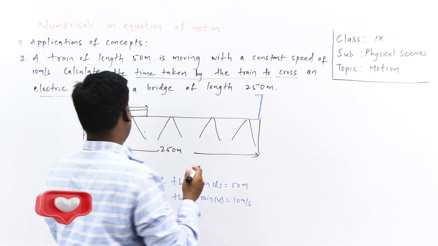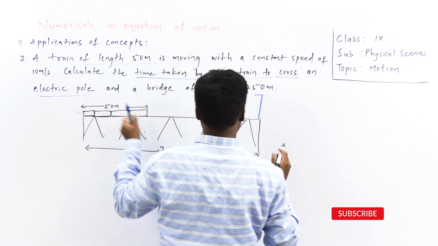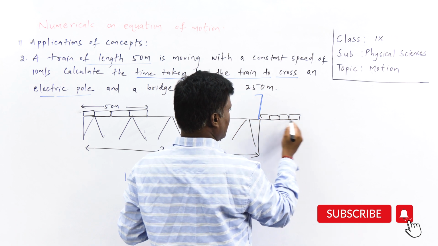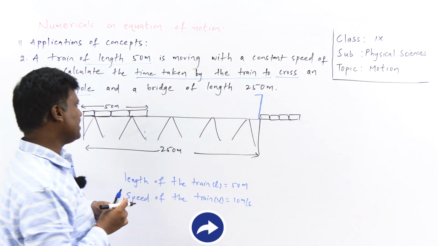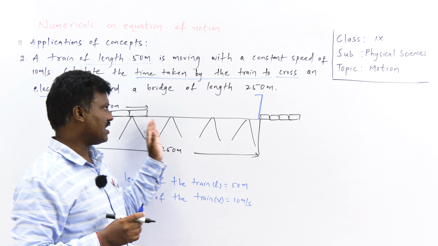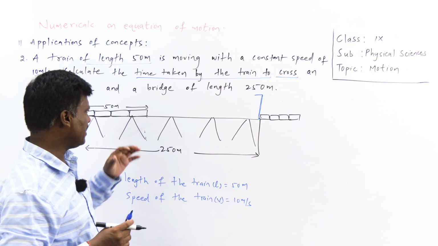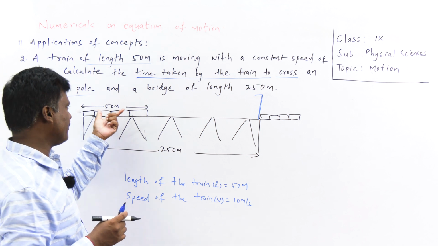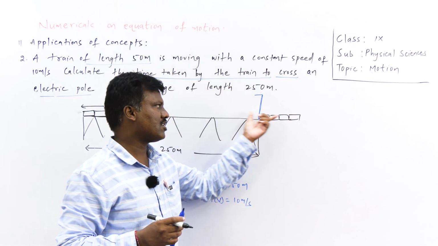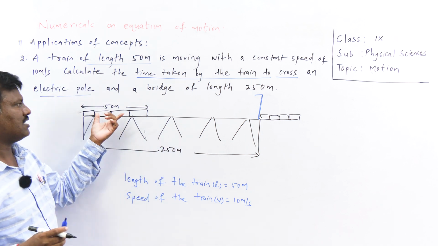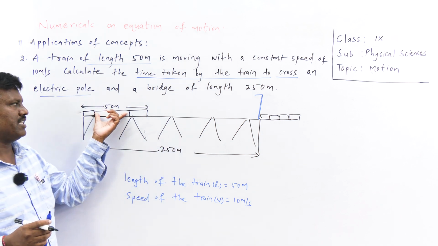So this train should cross the electric pole. That means the last compartment of the train should cross the electric pole this way. Now the train has crossed the electric pole. During this, what is the distance traveled by the train? We have to take only 50 meters, because 50 meters, the length of the train, crossed the electric pole. So what is the length of this train? 50 meters.